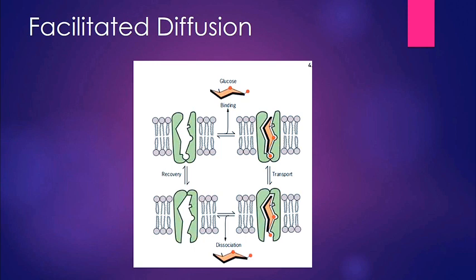Because they operate passively, that is without being coupled to an energy-releasing system, facilitated transporters can mediate the movement of solute equally well in both directions. The direction of net flux depends on the relative concentration of the substance on the two sides of the membrane.